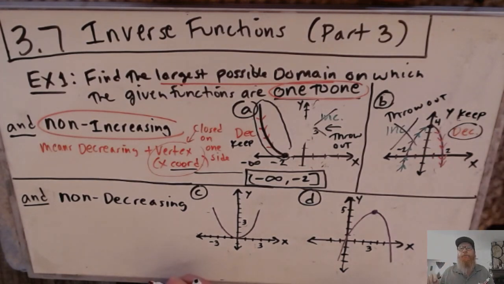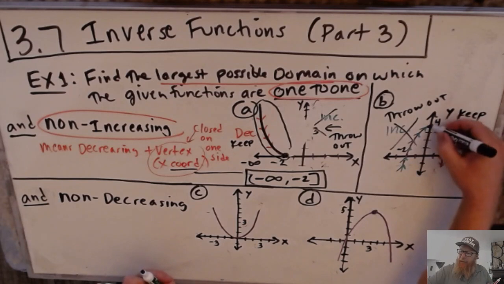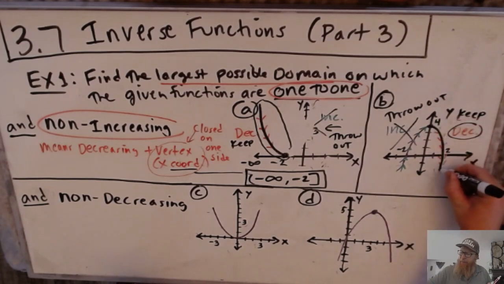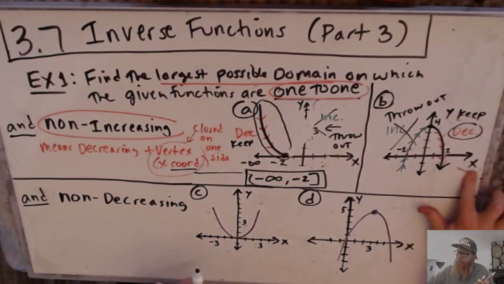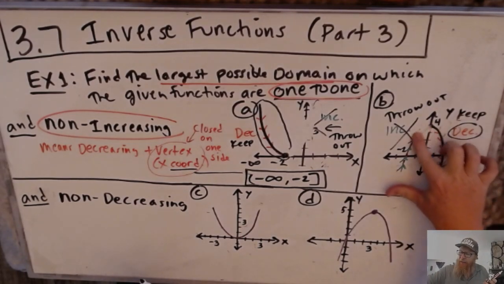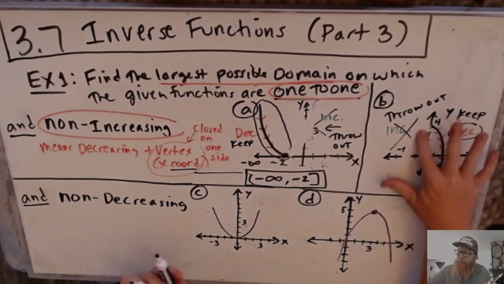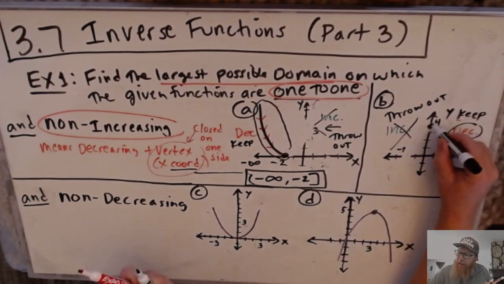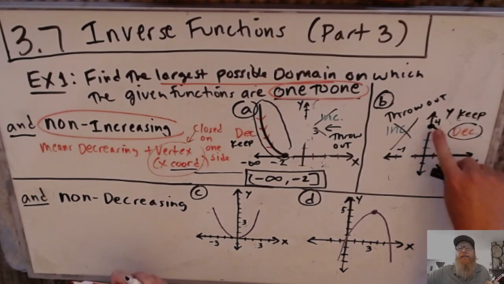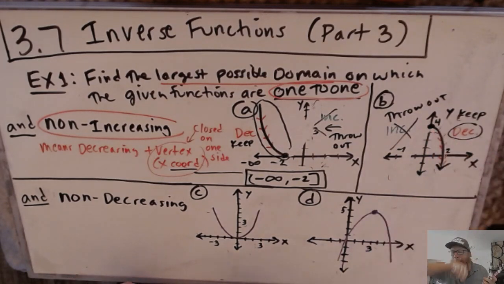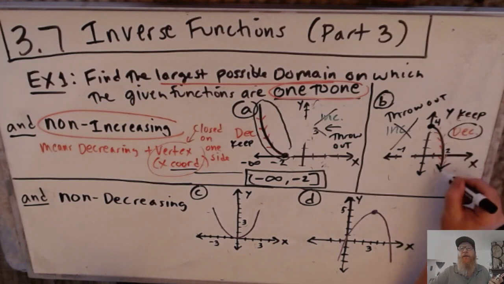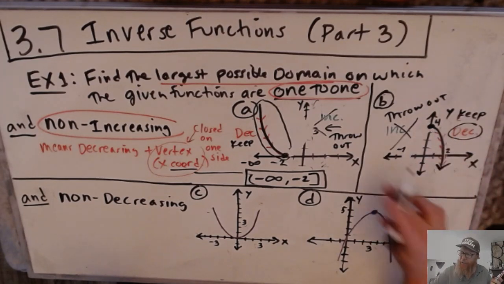All right. So we're going to keep this side of the graph here. And then we're going to delete this side. Just erase it or cross it out. And make sure you keep the vertex. Don't toss out the vertex. Keep the vertex. So you're going to keep the decreasing side and the vertex.